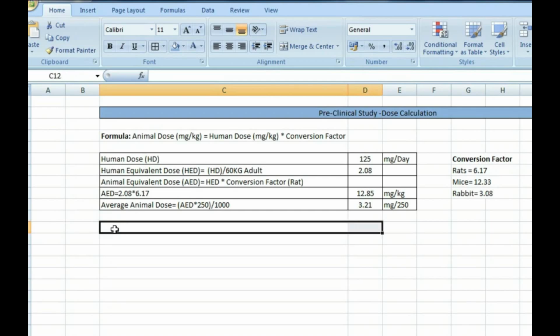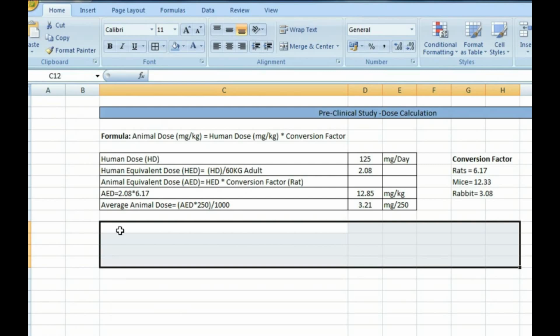After calculation of a single dose, now we are going to calculate the whole project dose concentrations. Means we are going to evaluate a single drug in multiple doses, means lower, median and higher doses. For that I'm going to prepare a table.